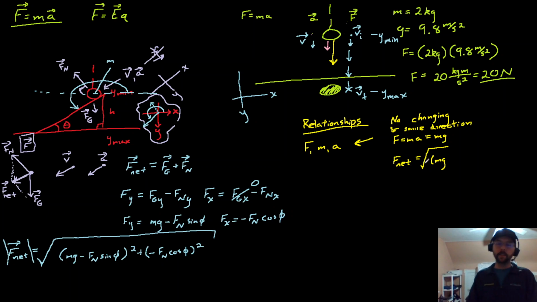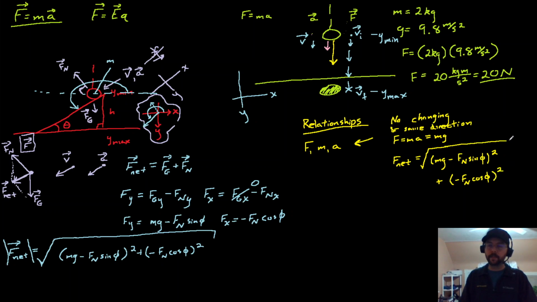But the net force, when you have multiple forces, which you would have for an object rolling downwards, is going to be mg minus the magnitude of the normal force times sine of phi, squared, plus negative normal force cosine of phi, squared. All that under the square root sign. Technically, it should keep going like that. Hopefully that's not too messy.